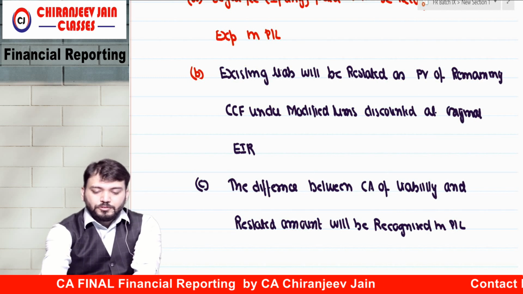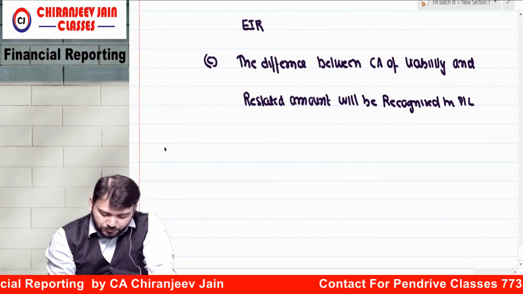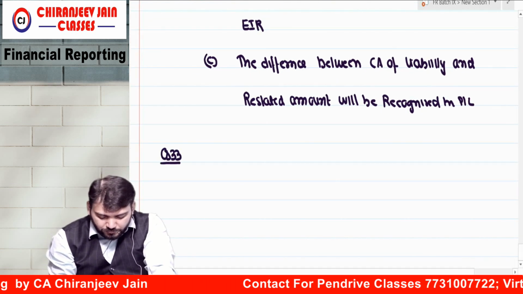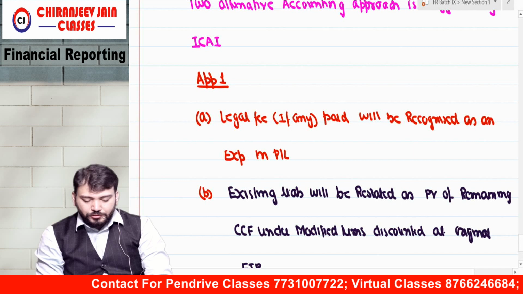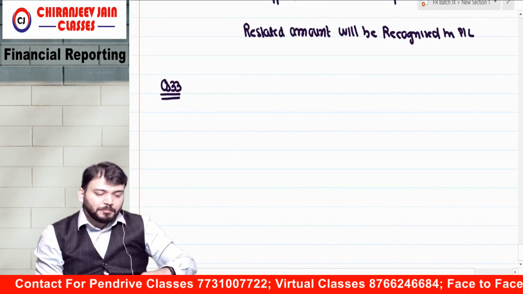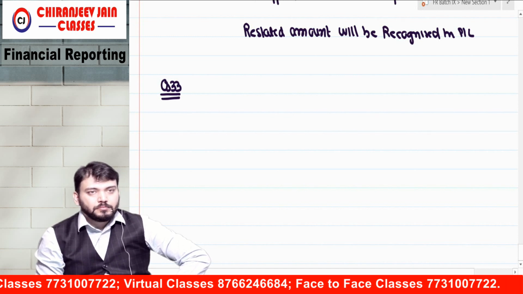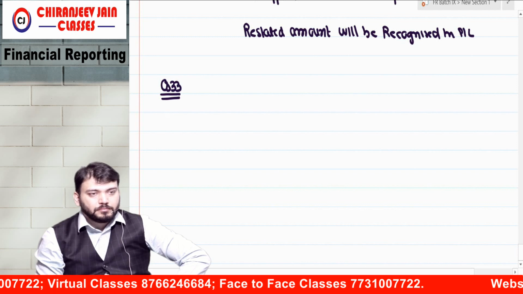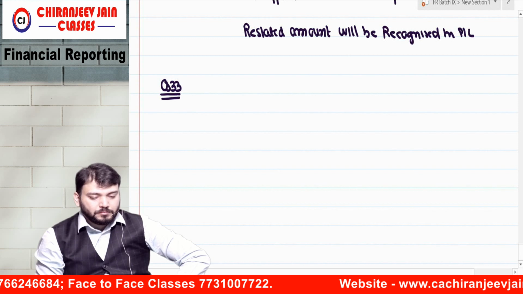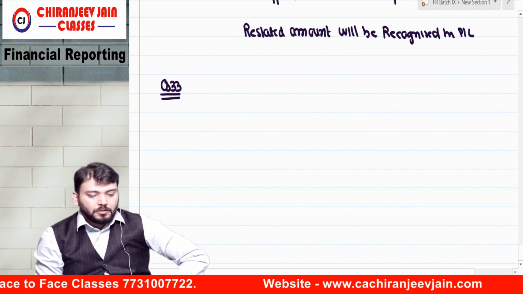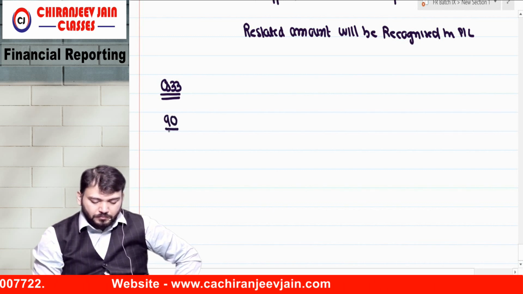Come to one question. Question number 33. We'll take one question for both approach 1 and approach 2. Question number 33, page number 90.